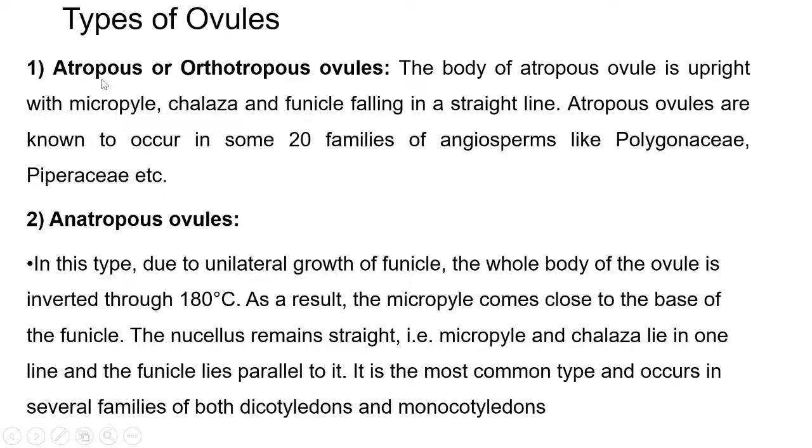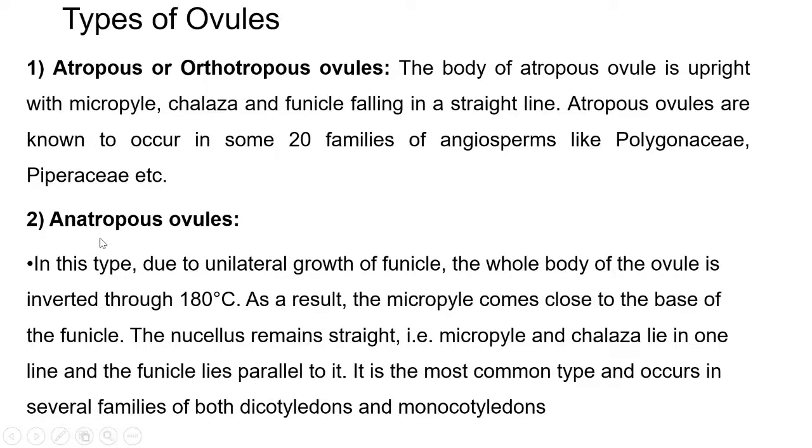First of all, atropous or orthotropous ovule. The body of atropous ovule is upright with micropyle, chalaza, and funiculus falling in single line or straight line. This type of ovules are known to occur in some 20 families of angiosperm like Polygonaceae, Piperaceae, etc.